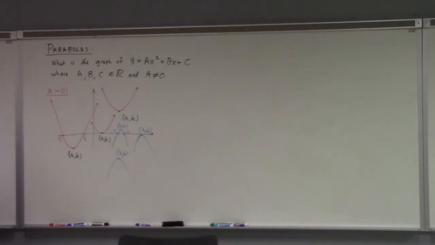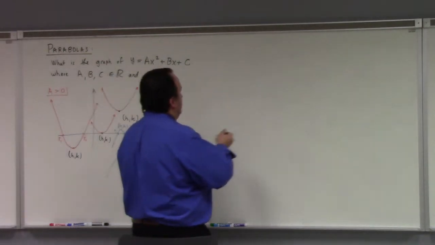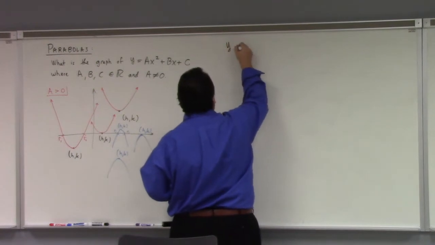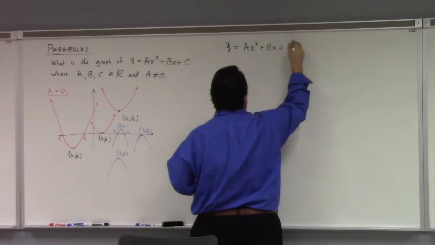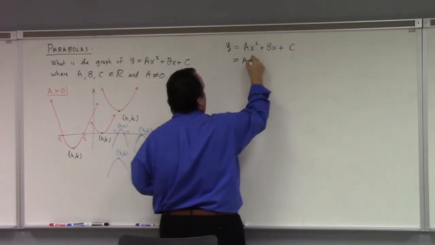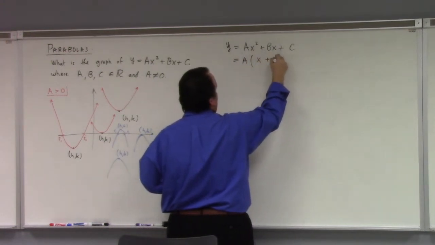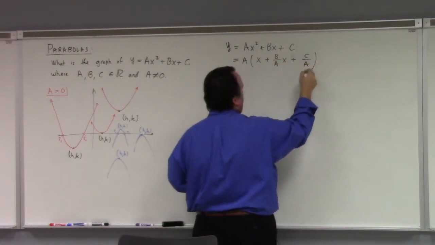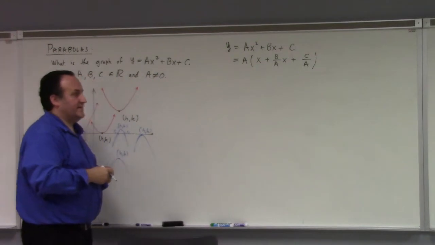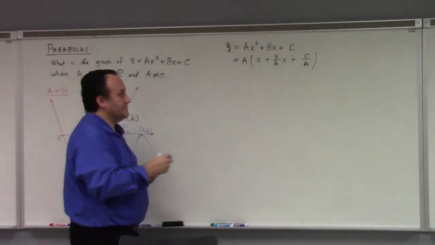algebraically? Well, here's how. So if we have y equals ax squared plus bx plus c, what we're going to do is factor out the a. Right? Factor out the a, complete the square.